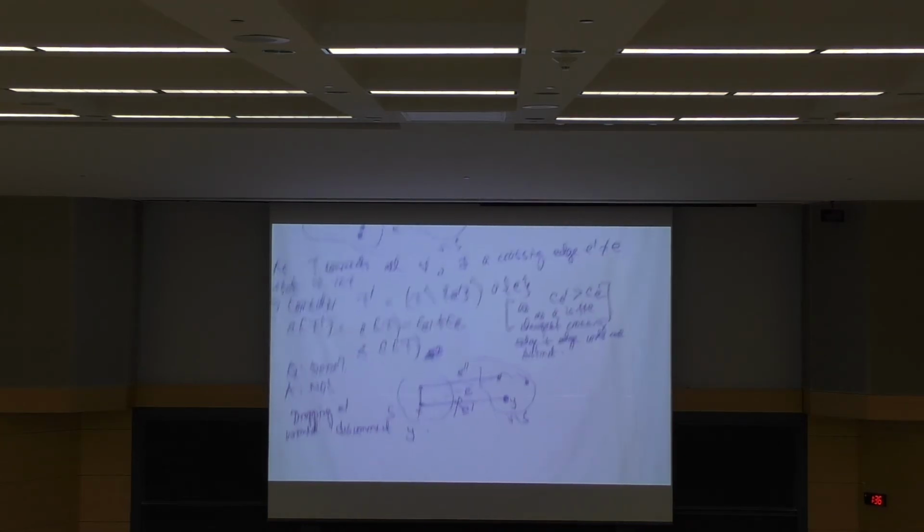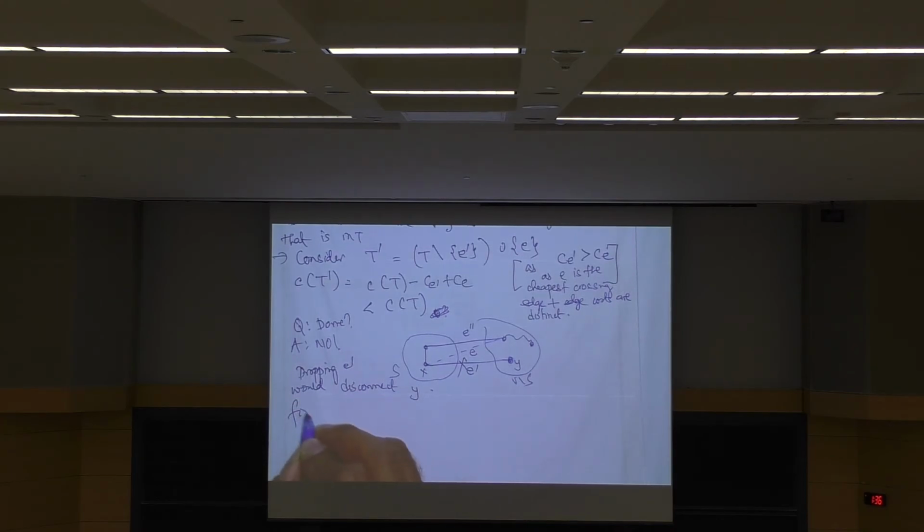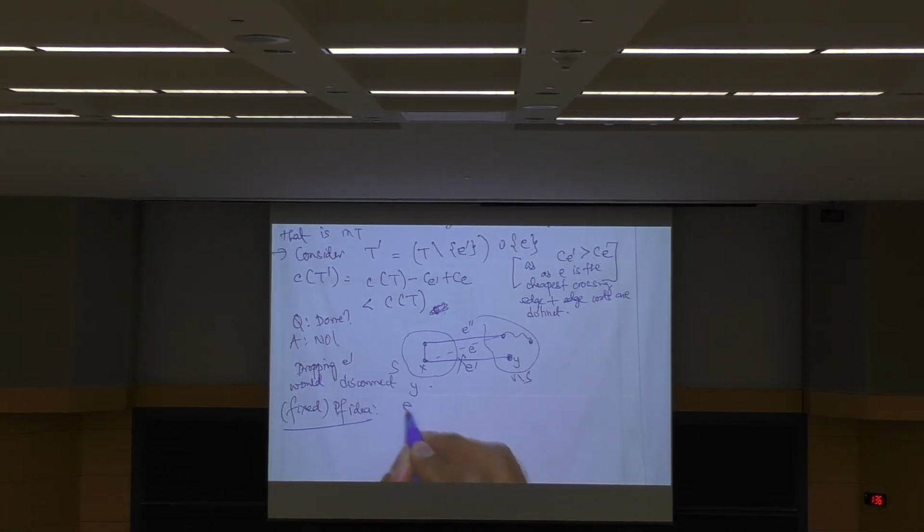So here's the fixed argument. I'll denote the endpoints more explicitly. Let this cheapest crossing edge E have one endpoint u, the other endpoint w.